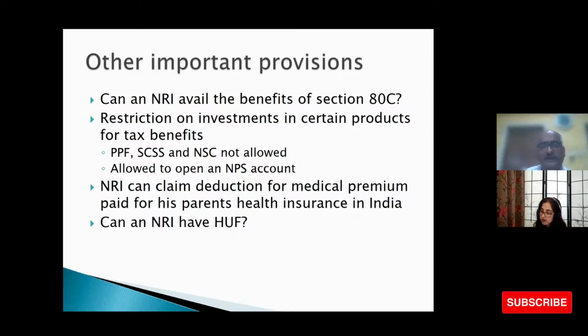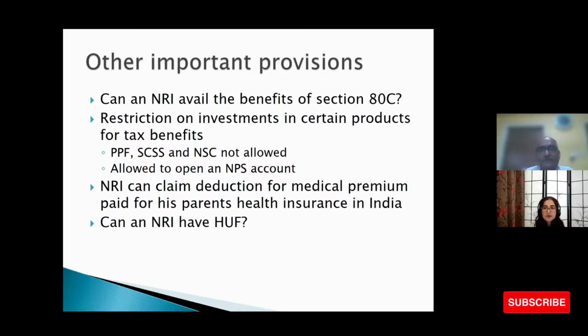For the balance 40%, you have to buy an annuity from an insurance company in India, and the annuity, as and when received, becomes taxable in your hand, like any other annuity. So are we through with NPS? Yes, understood.